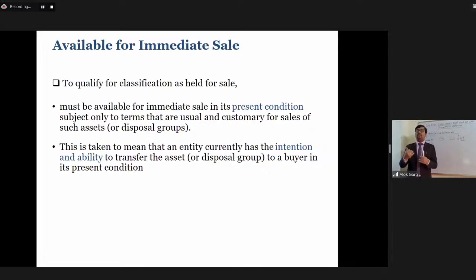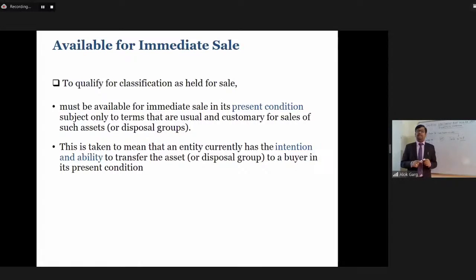So it is not available for immediate sale in present condition. Thanks, Preeti. I hope you will be able to learn these jargons in your life, at least till the CA final examination.